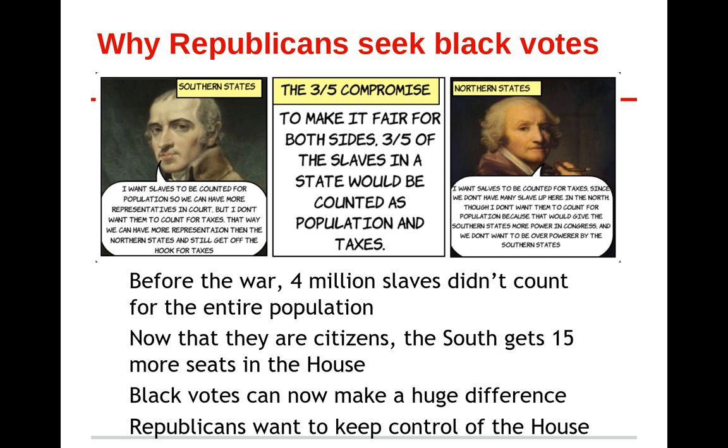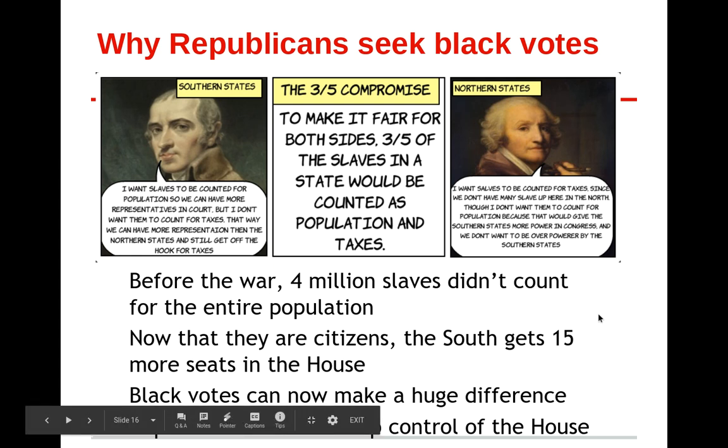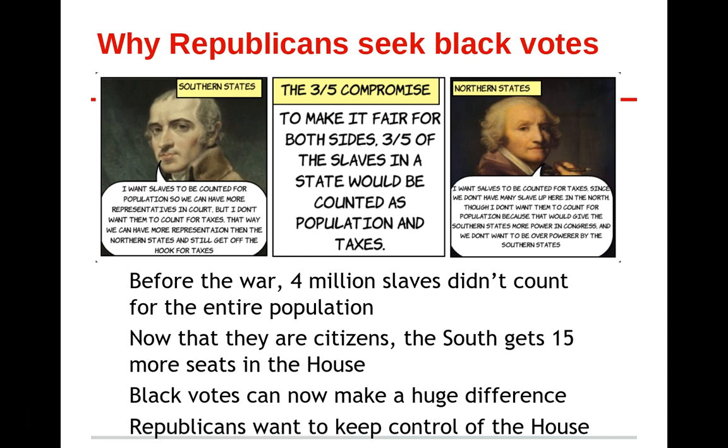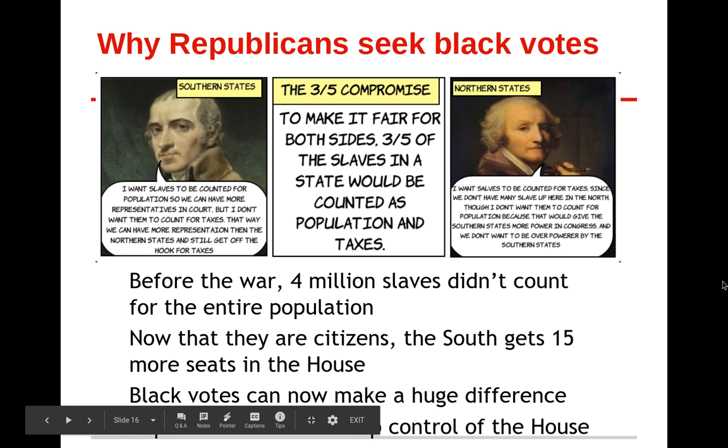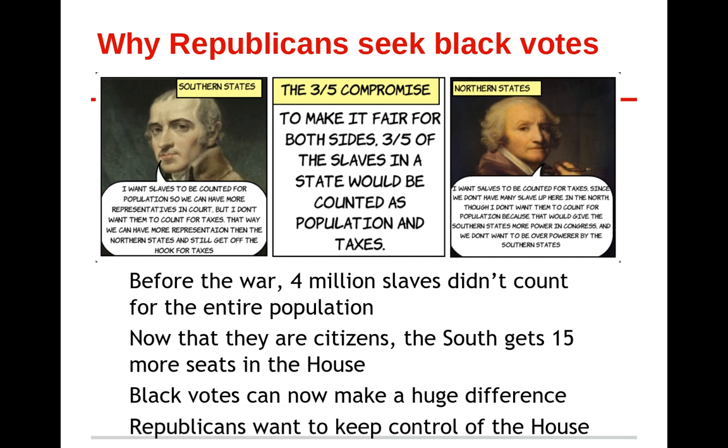And so now, guys, that slaves are free, the South would get, it's important to write down, guys, 15 more seats in the House from the freed slave vote. So the Republicans, guys, wanted to keep control of the House. You guys should know just from politics that if the Republicans have a majority in Congress, they can pass legislation to actually get their goals met.